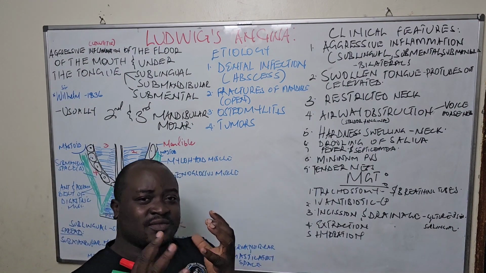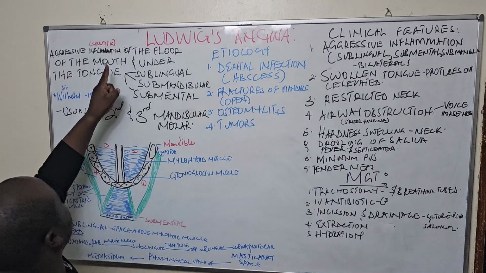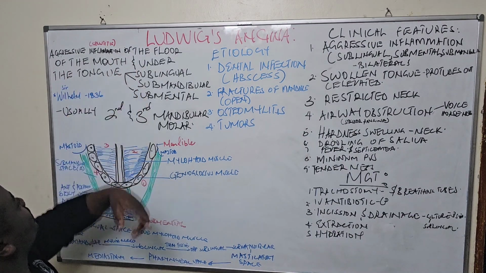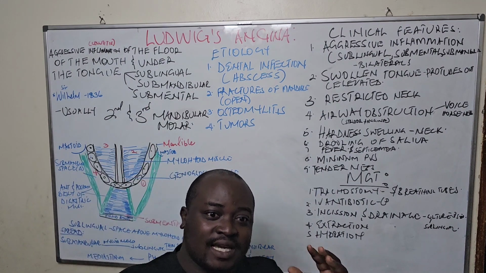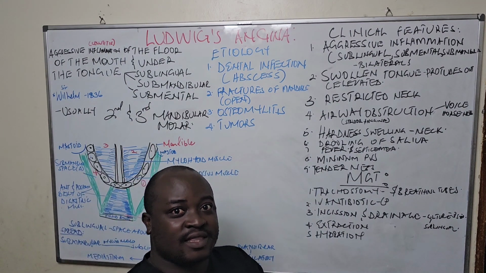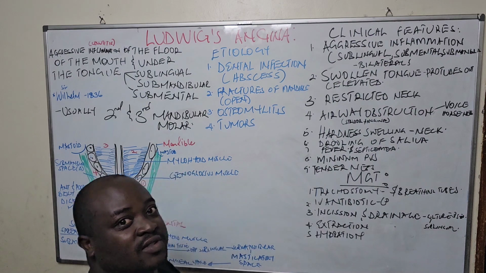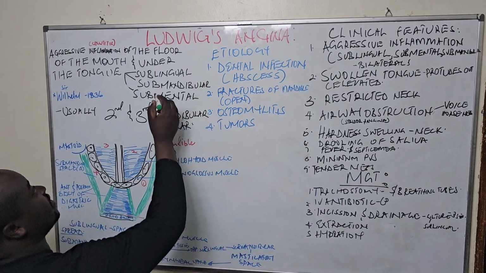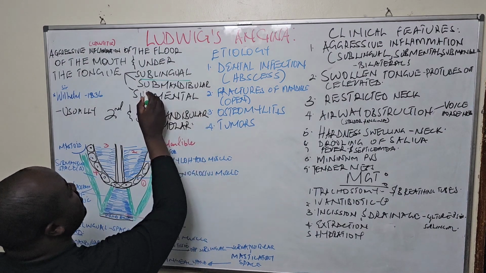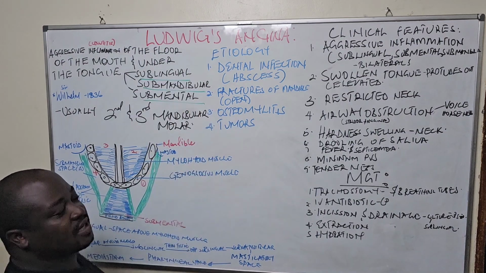It is very quickly aggressive inflammation of the floor of the mouth and under the tongue. It can quickly spread. It doesn't need you to waste a lot of time. And we are saying it has three: sublingual, submandibular, and submental areas.